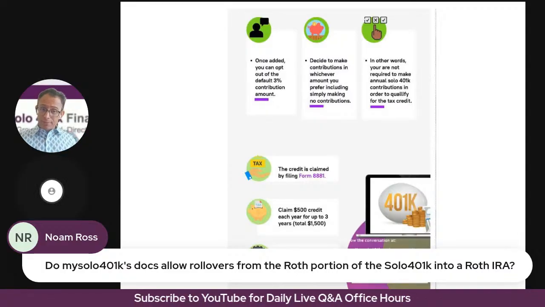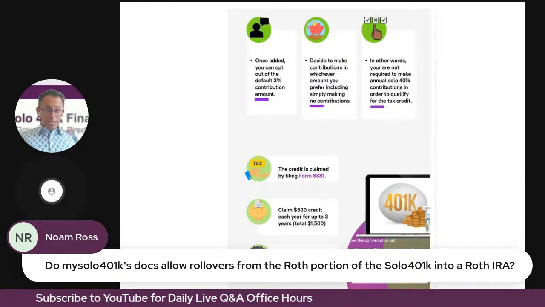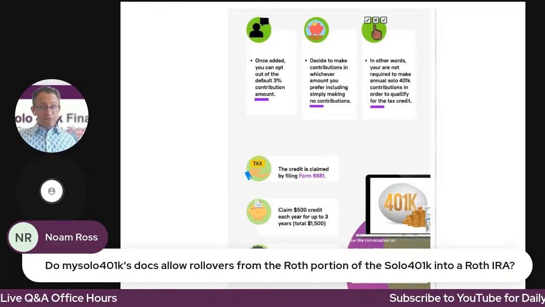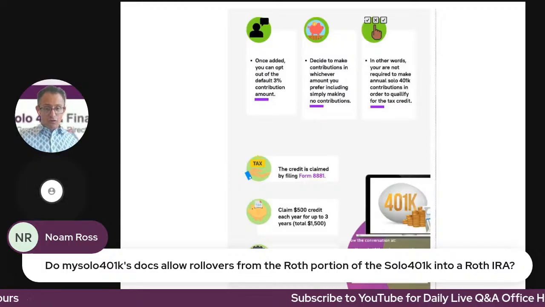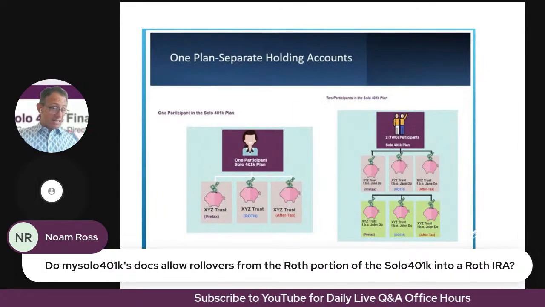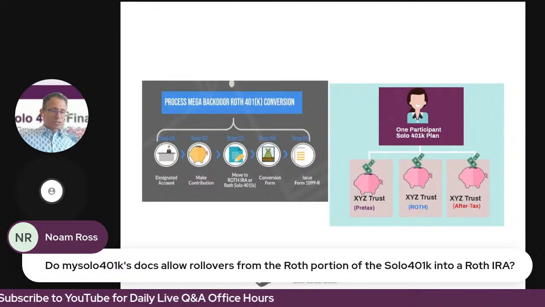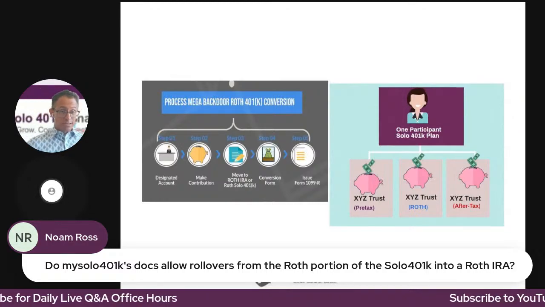Now that's different than the mega backdoor Roth strategy. The mega backdoor Roth strategy, as I just elaborated, is where you make a voluntary after-tax solo 401k contribution. That's not a Roth solo 401k contribution. That's an after-tax contribution, voluntary after-tax. So it goes into this bucket.